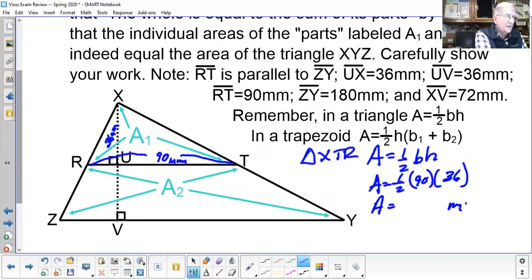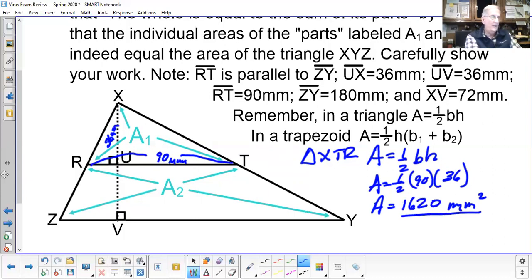Now all I have to do is multiply those together. 1/2 of 90 is 45, so 45 times 36 gives an area of 1,620 square millimeters. So we've got one of the pieces. This is area number 1.